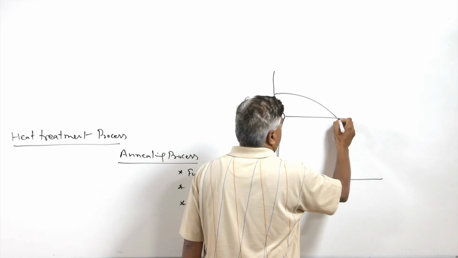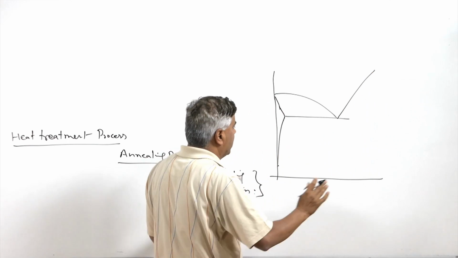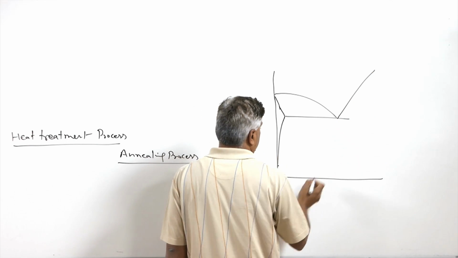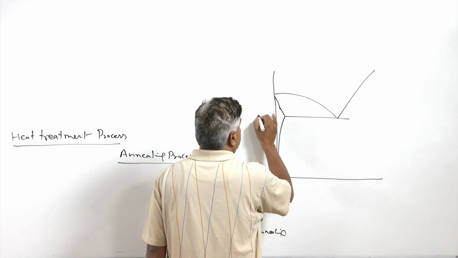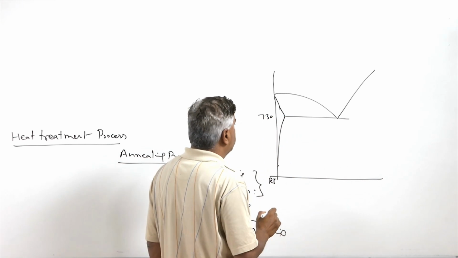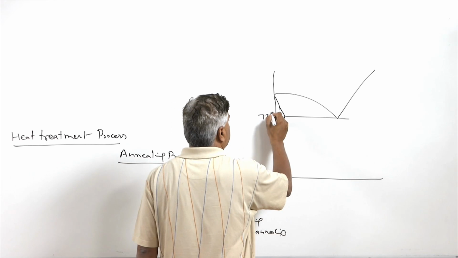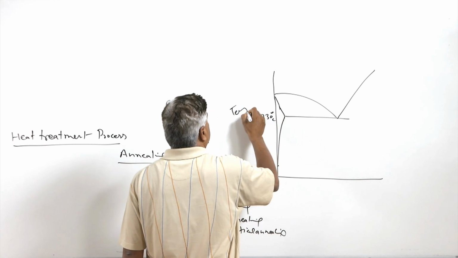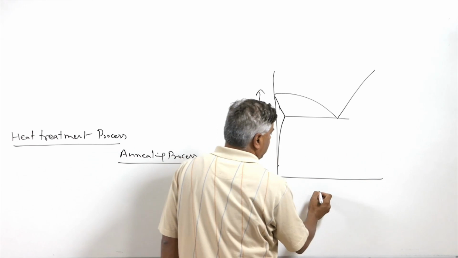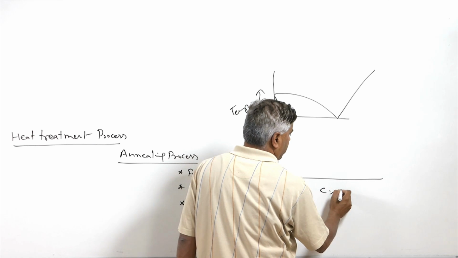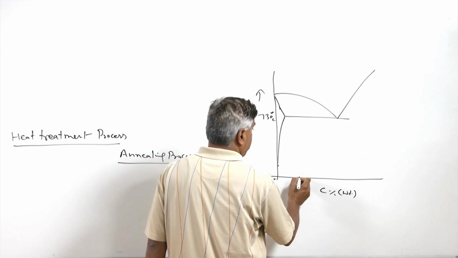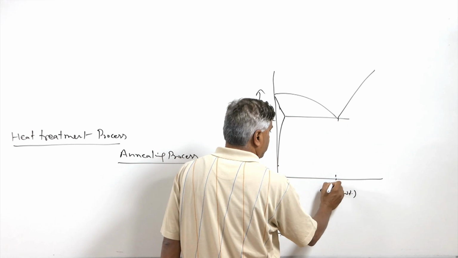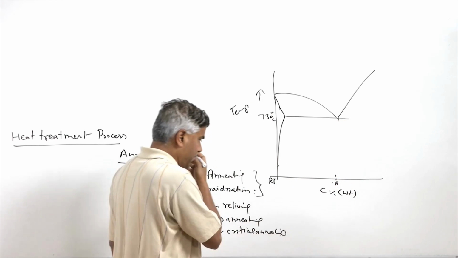Say this is the lower portion of the iron carbon diagram, with the room temperature and the eutectoid temperature corresponding to 730 degrees centigrade. On the y-axis is the temperature, and on the x-axis the weight percentage of carbon, and this is corresponding to 0.8% carbon.